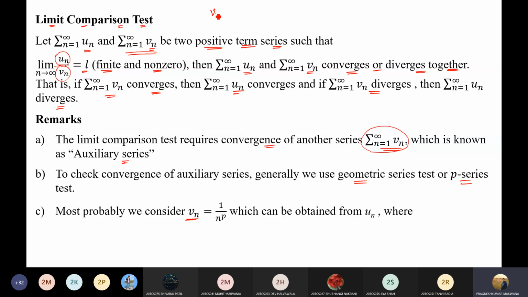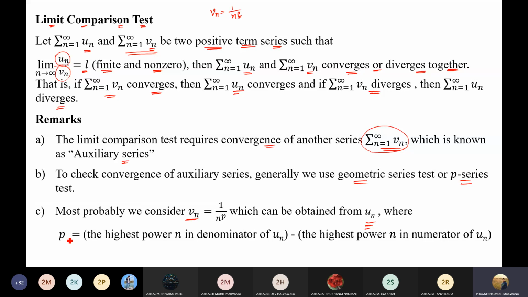We can choose Vn equal to 1 upon n raised to P, which can be obtained from Un. So it depends on the value of Un. Now what is P? In this formula, P is equal to the highest power of n in the denominator of Un minus the highest power of n in the numerator of Un.